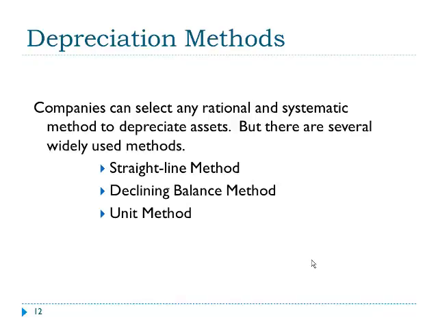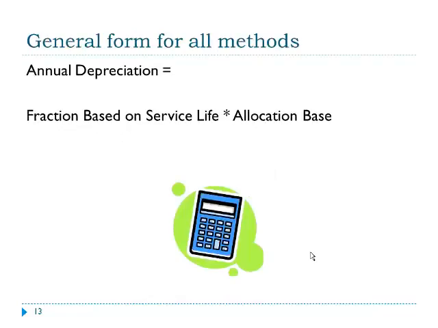And finally, we'll take a look at the unit method, which is the method that tries to measure service life in terms of the amount of work produced. This has the greatest adherence to what the theoretical value of an asset would be, but it is difficult to use for many kinds of assets.